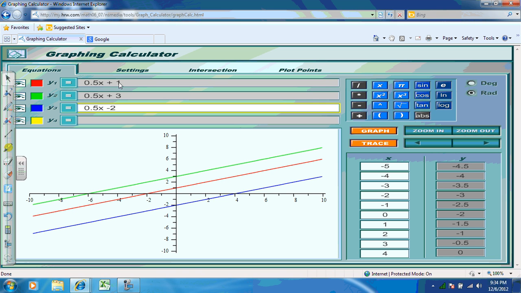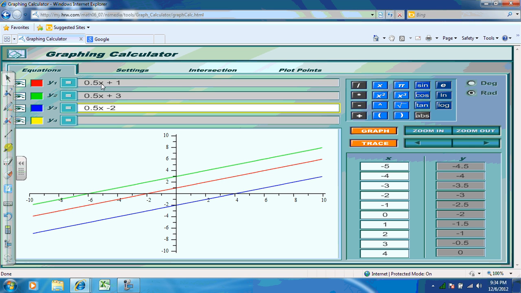However, the y-intercept is what makes them different. One crosses at (0, 1), one crosses at (0, 3), and the other one, the blue line here, crosses at negative 2. So that's the idea of y-intercept. Okay, so I hope you understand that y-intercept means where your line is going to cross the y-axis.